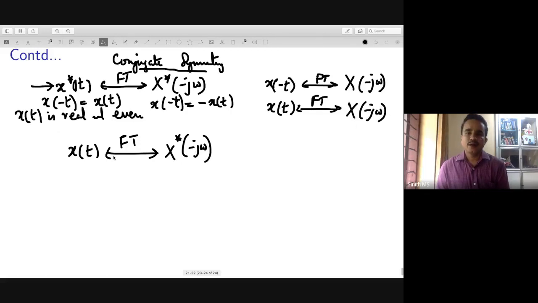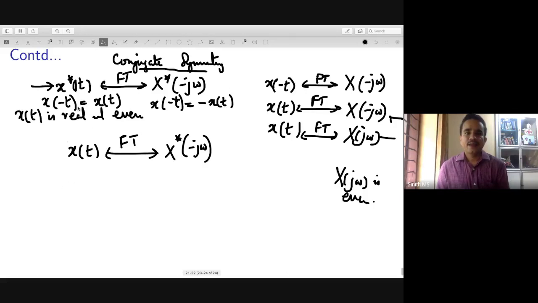So you can see that x of t has Fourier transform x of j omega. You already know that. So these two are the same. That means x of j omega is even. And x of t has a Fourier transform x star minus j omega.